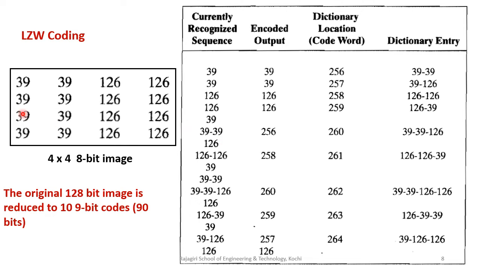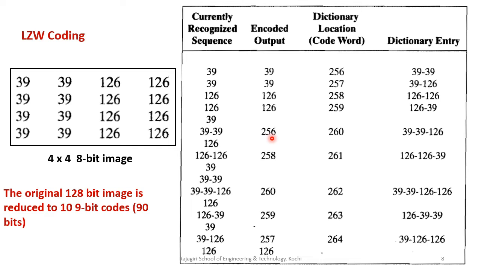The next time the encoder encounters the sequence 39 39, it is now a recognized sequence because it is already added in the dictionary. So the output of the encoder is the dictionary location corresponding to the entry 39 39, which is 256.